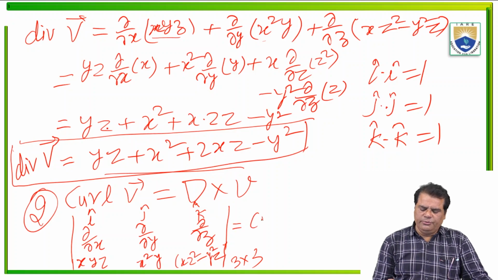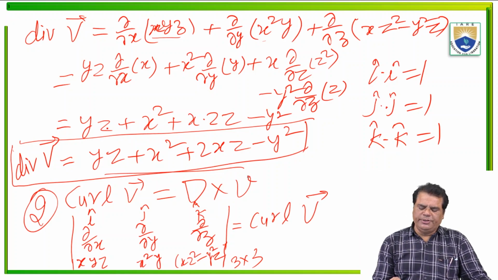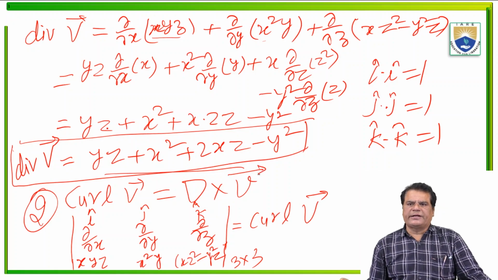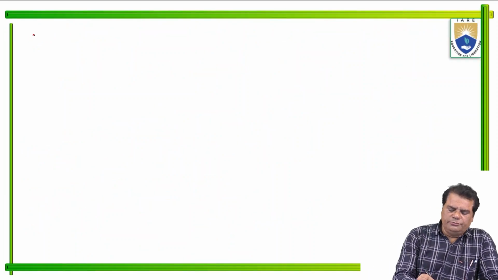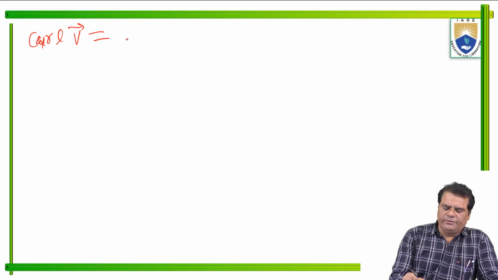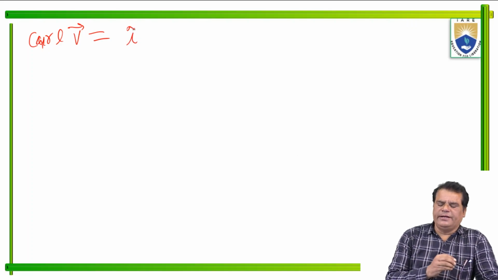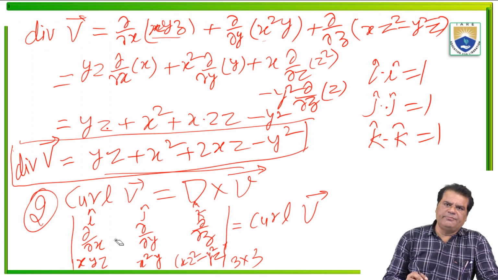This is equal to the curl of vector v, that is del cross vector v. So now curl v is equal to, first of all I am writing i, and in bracket open this determinant.